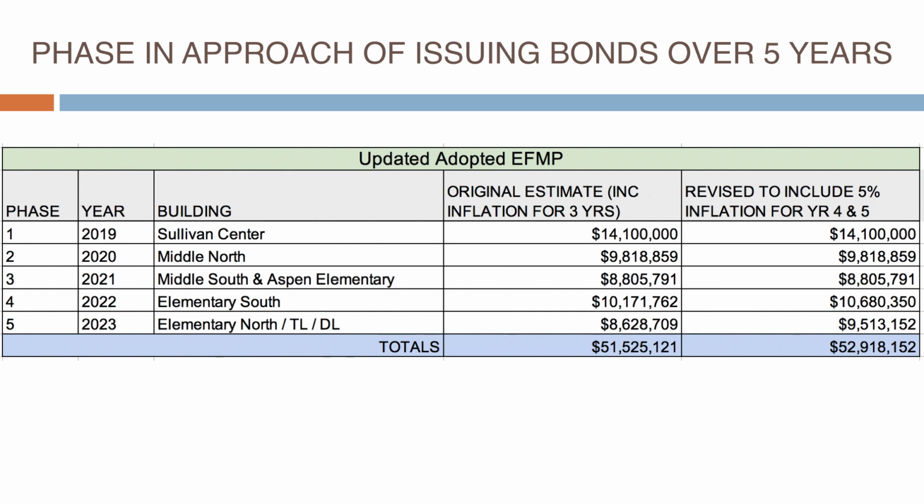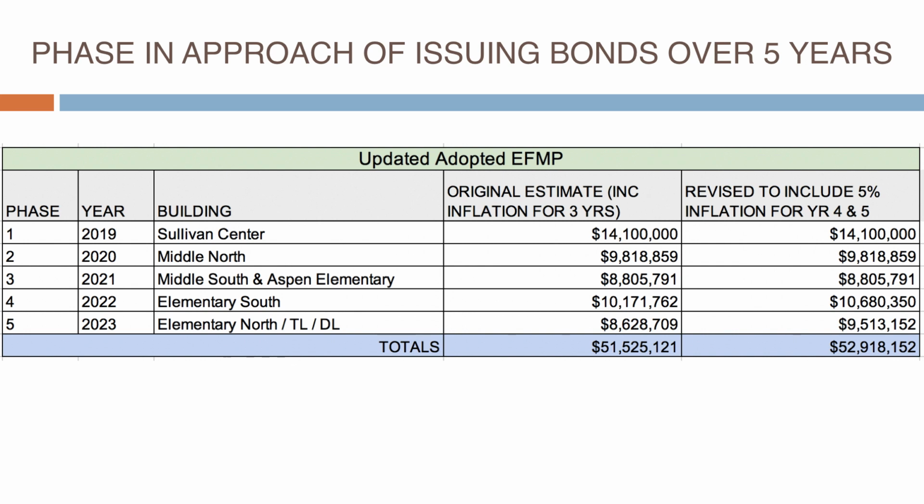Considering our current updated adopted EFMP, if that were the option we would consider moving forward with, we may be best served considering a 5-phase approach to the implementation of these projects from 2019 through 2023.